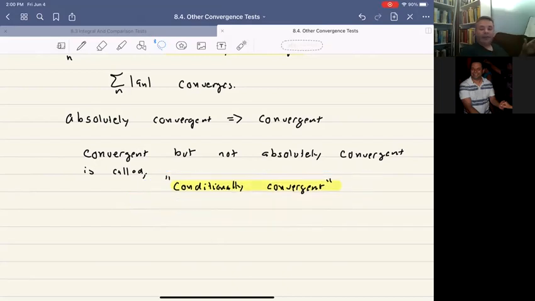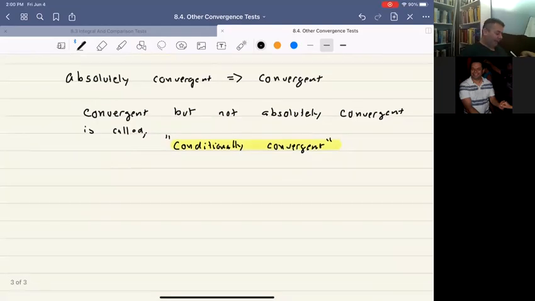Okay, so let's do another example. Let's look at the sum, n goes from 2 to infinity, of (-1)^n over n natural log n. Now our b sub n is 1 over n natural log of n.